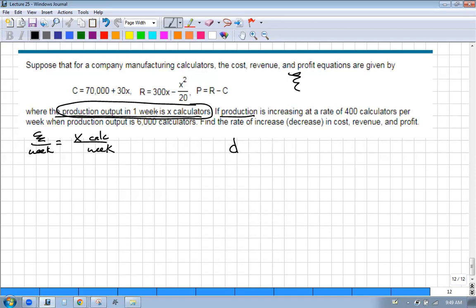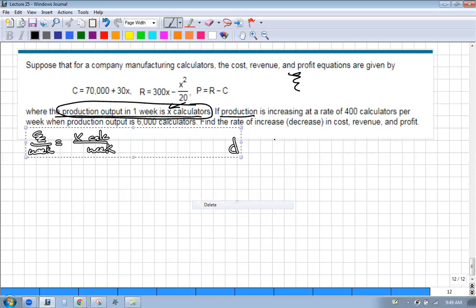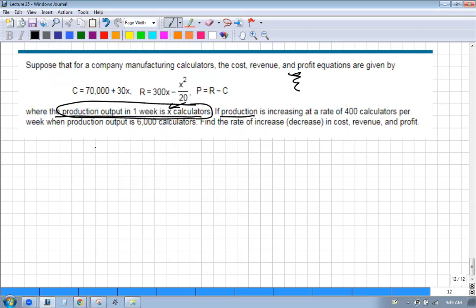When they say production, they mean X. They're telling me what production is in that sentence. Can't be any more straightforward than that, right? Production is X. So production is increasing, so the change in production with respect to time is 400 calculators per week.